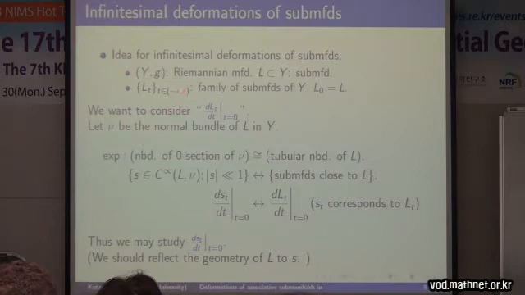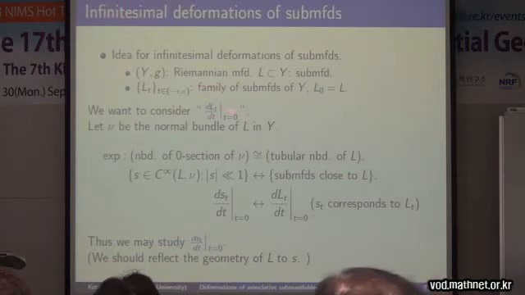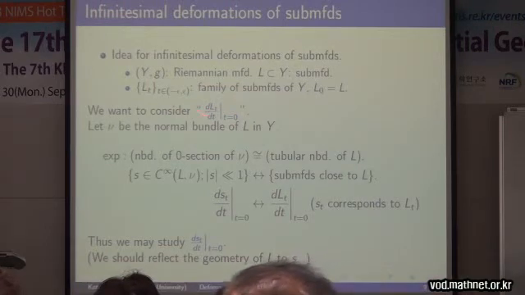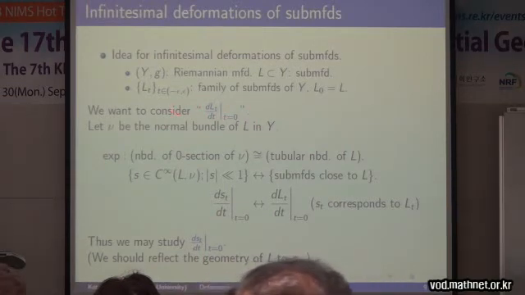Let (Y, g) be a Riemannian manifold and let L in Y be a submanifold. And let Lt be a family of submanifolds of Y with L0 equal to L. Now we want to consider the infinitesimal deformations. Roughly speaking, we want to consider the differential of a submanifold, but this is not a good description.